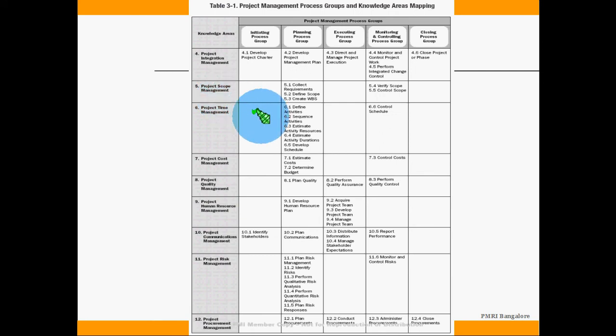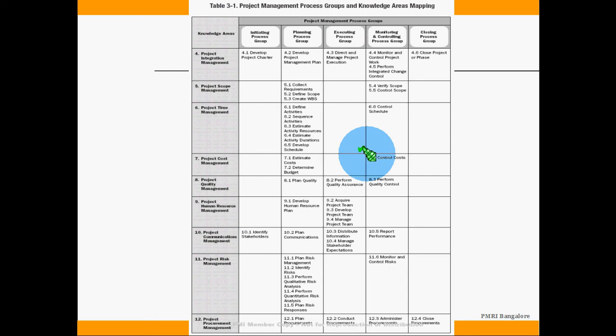So every individual process in the PMBOK is linked to one knowledge area and to one process group. It is humanly impossible to learn all these by heart, but the easiest way to learn is to just understand it, and over a period of time it will come to you naturally.